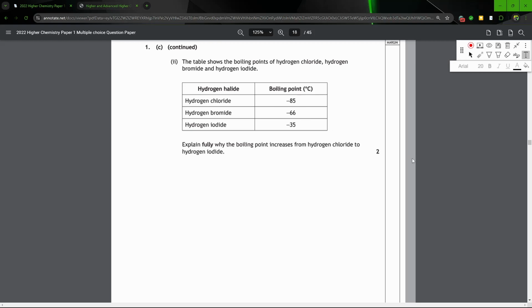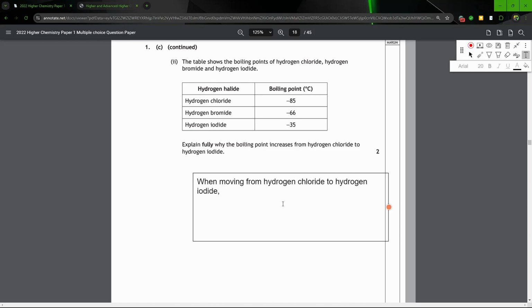Okay, so first thing I'm going to say is when moving from hydrogen chloride to hydrogen iodide, the total number of electrons increases.